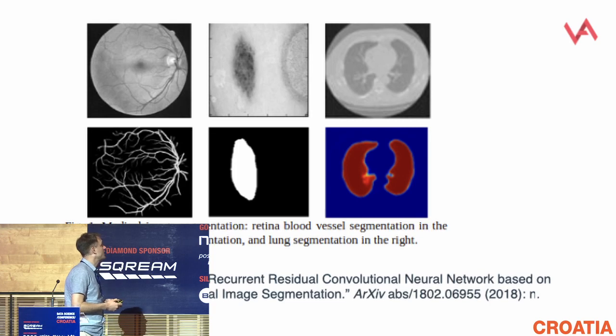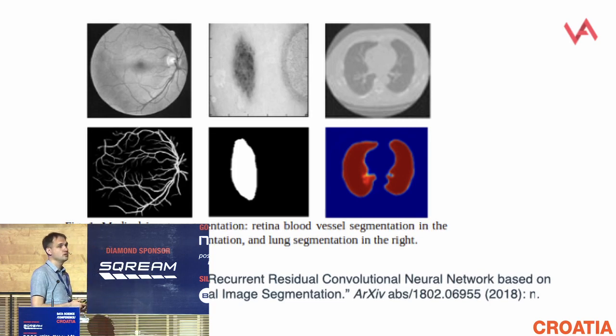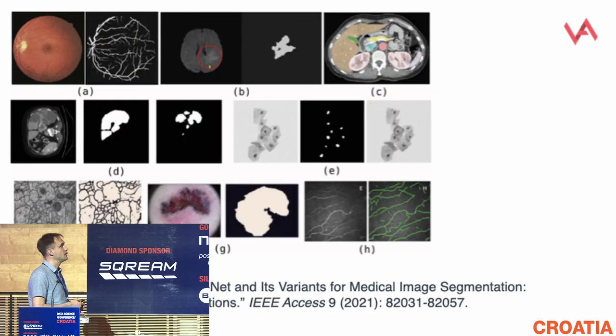And again, I have to say, the UNet paper came in 2015, and you can see here it's 2021 in this review paper. The thing is that UNet and variations of UNet are still very much used in different applications. So for example, we have here brain tumor segmentation.